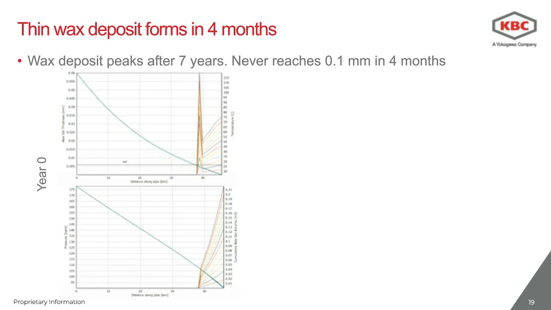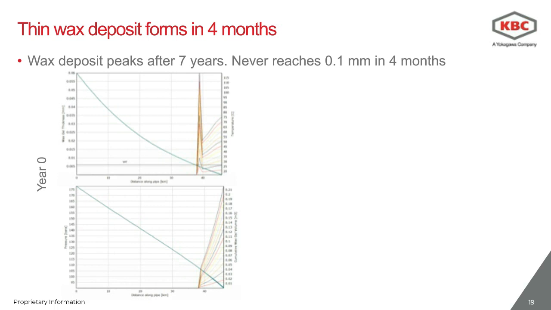When the temperature in the flow line drops below the wax appearance temperature, a wax deposit starts to form, and it builds up. Indeed, after 4 months, a total wax volume of about 0.2 cubic meters is deposited along the flow line. However, the thickness of the deposit is very low, as you can see from the top plot.